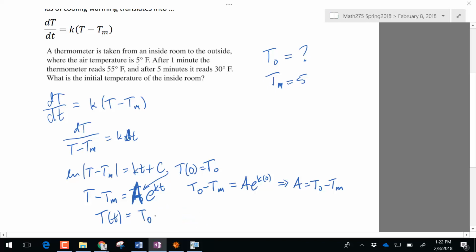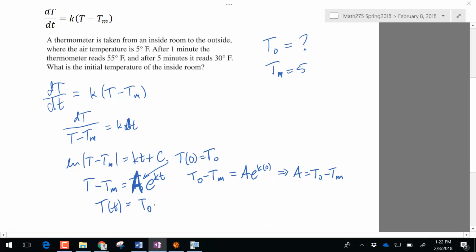Is that right? You can change it around a little bit by doing some other factoring thing or whatever.